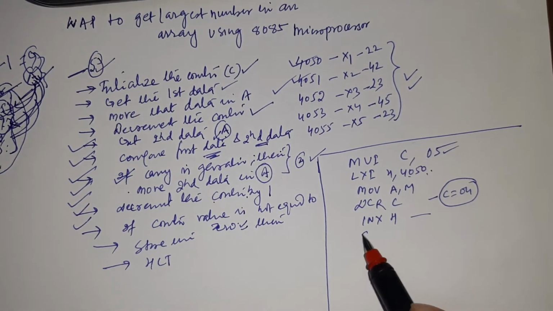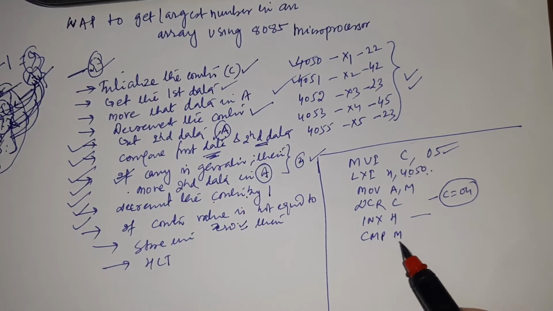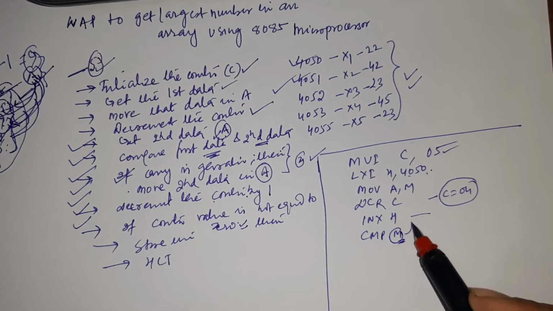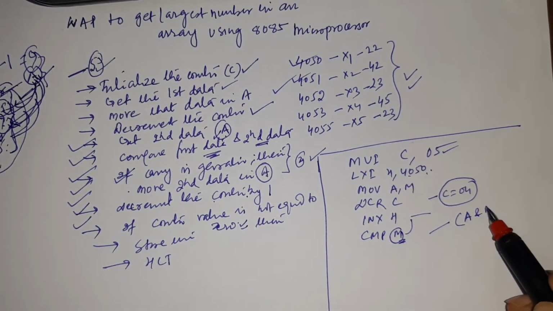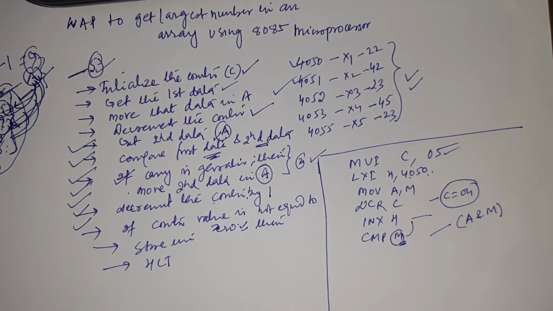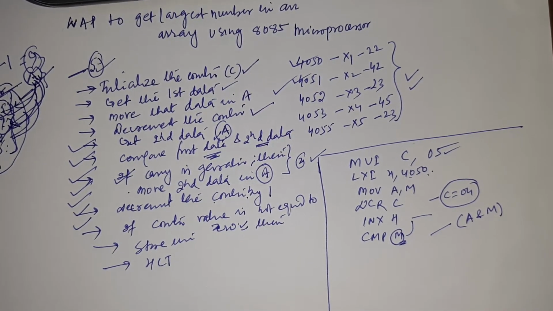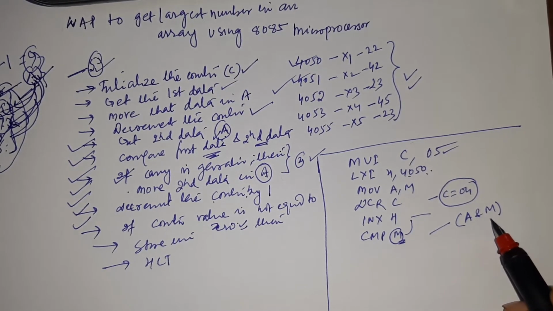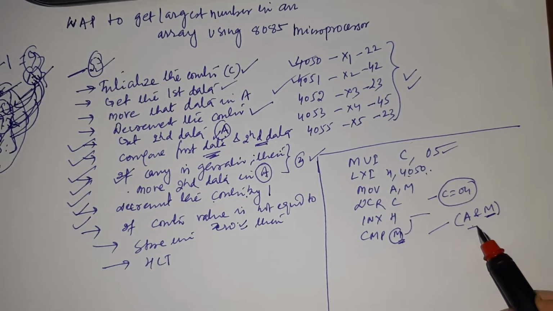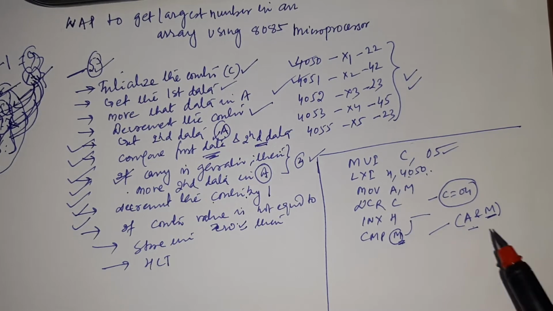Now we have to compare, CMP M, where M represents the second data, and the comparison will be held between A and M. As I have already told in my previous video, in comparison you firstly subtract M from A and then check the value of the carry flag and the zero flag.